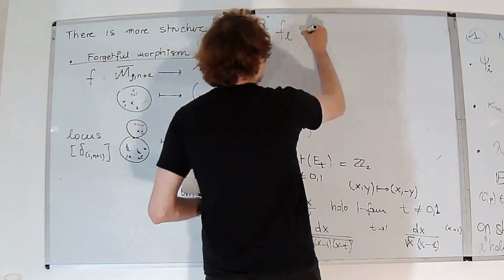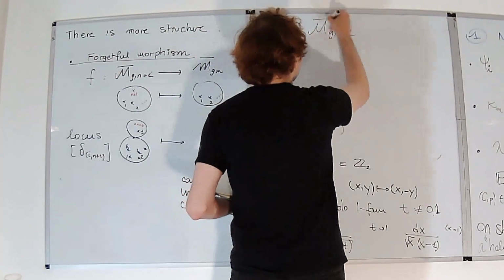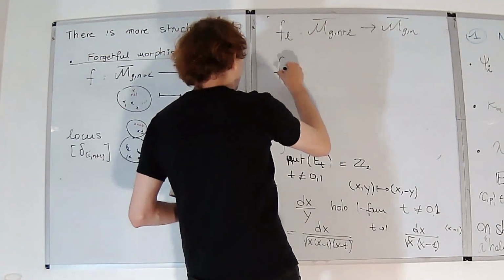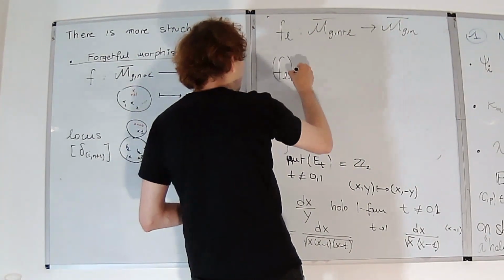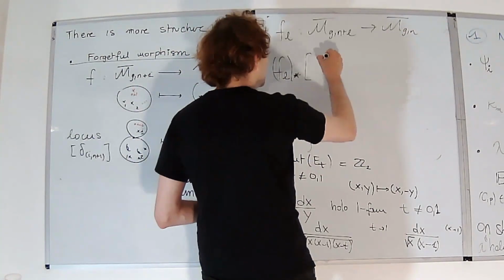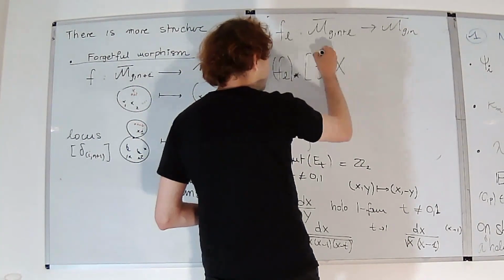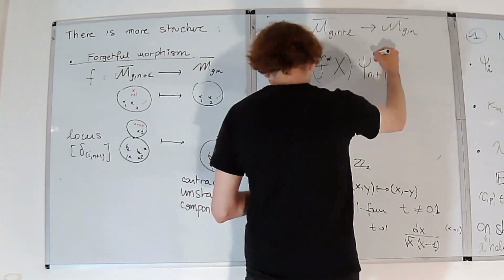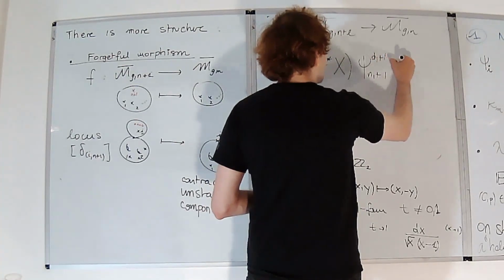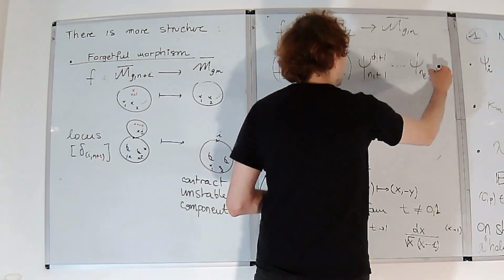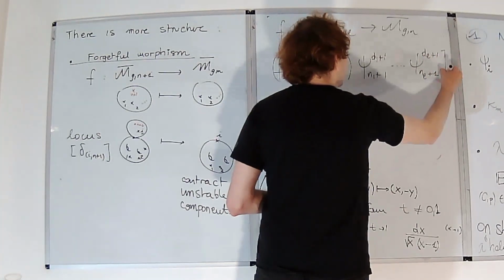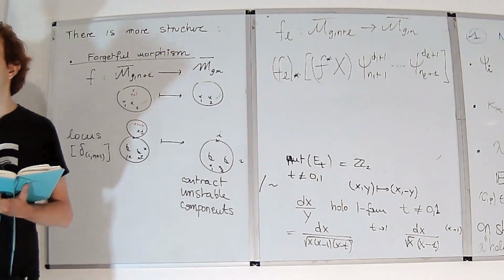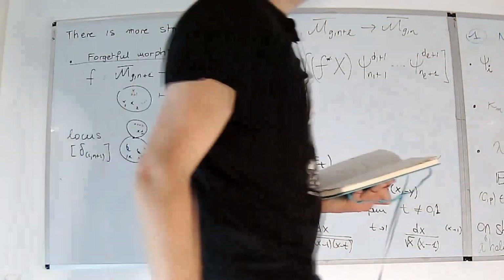But the way we're going to use it is that if I look at this iterated forgetful map where I forget the last L points, I want to push forward something which is a pullback class, and then psi_{n+1} to the d_1 plus 1, up to psi_{n+L} to the d_L plus 1. Any j.